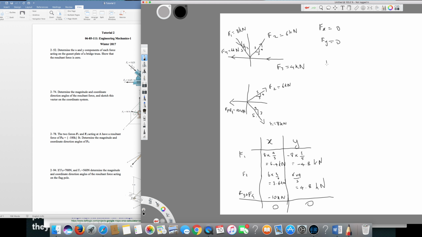We know the equation for FR is the root of Fx squared plus Fy squared. Since both are 0, 0 squared plus 0 squared is 0. Therefore the answer is 0. The resultant force is 0.